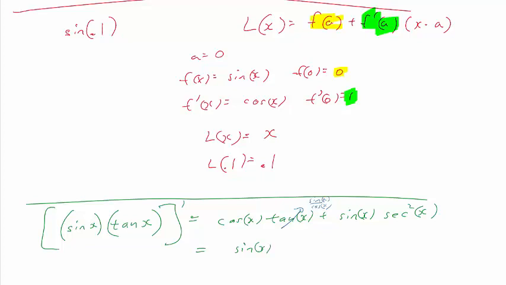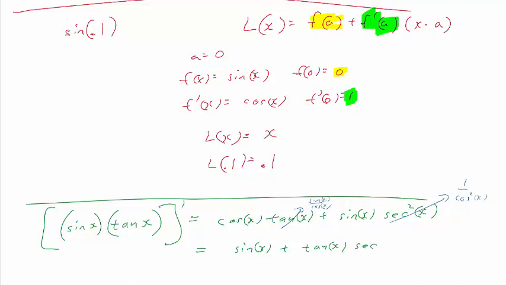And then secant squared is the same as 1 over cosine squared. So we can take one of those cosines, put it under sine, so that's going to become tan x multiplied by secant x.